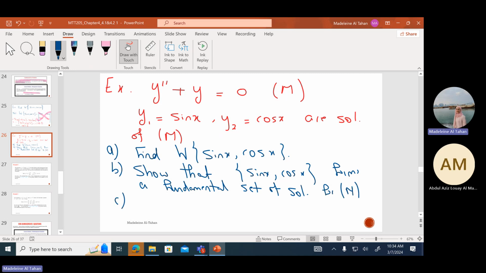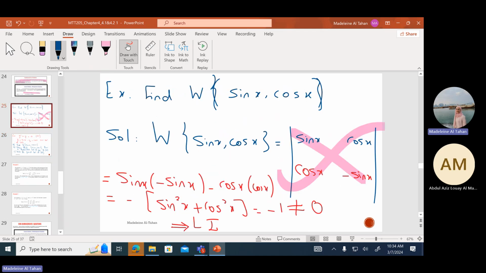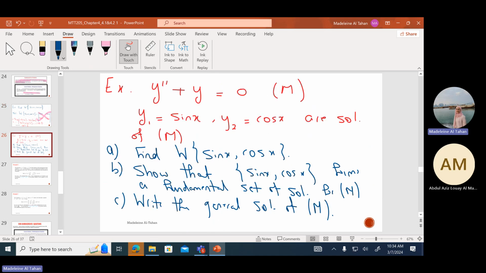And part C, write the general solution of it. The first one, is it necessary to find it again? Let me see here. Did we find the Wronskian?